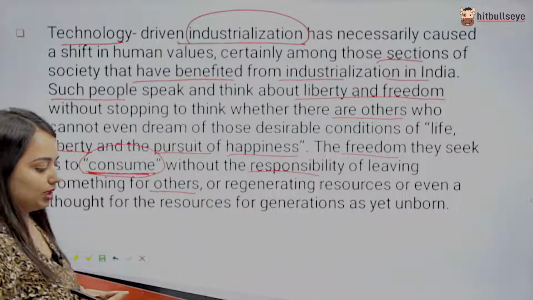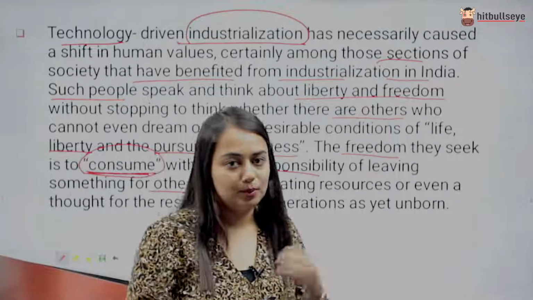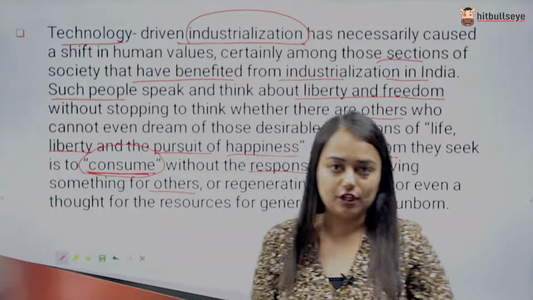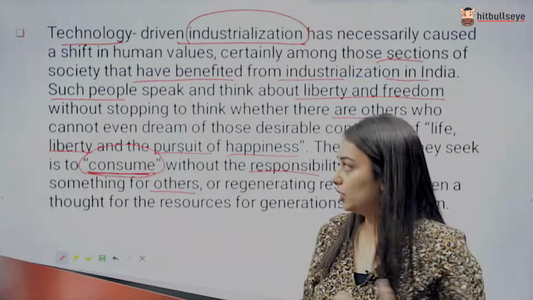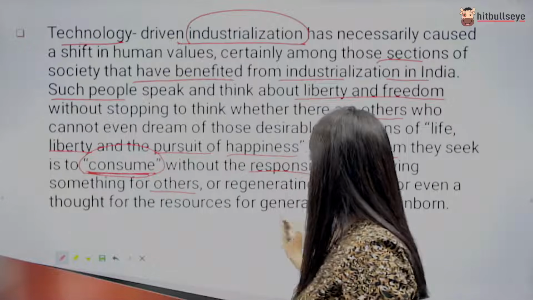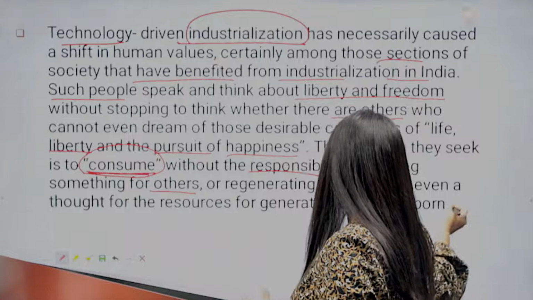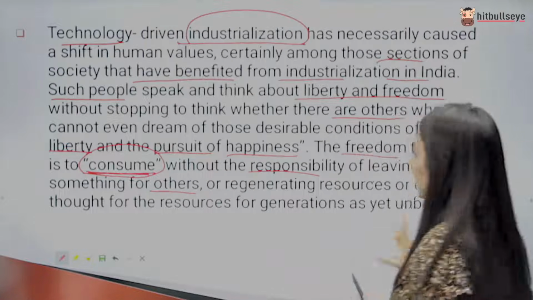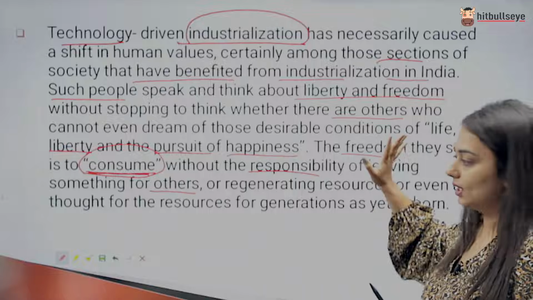Now obviously if we exhaust our resources in the present time, there will be nothing left, no resources will be left for the coming generation, and obviously they will go into a state of degeneration and deterioration. I hope this much of the passage is clear to you.